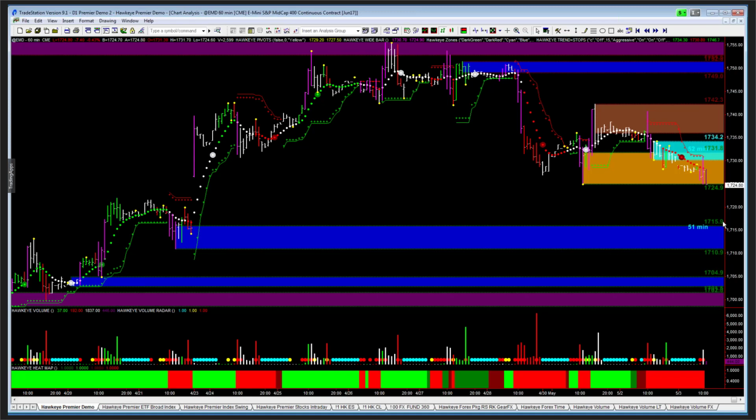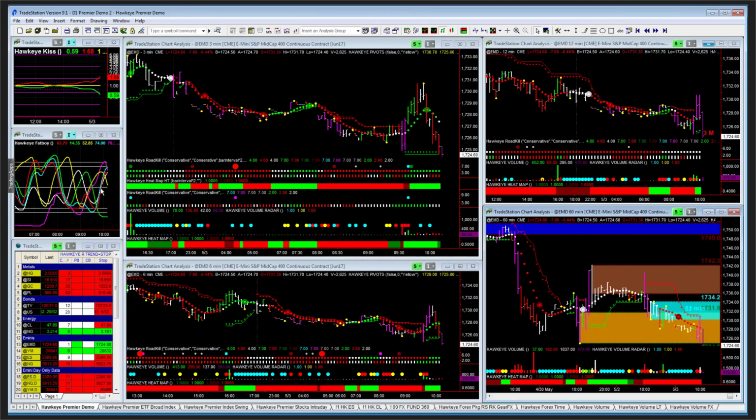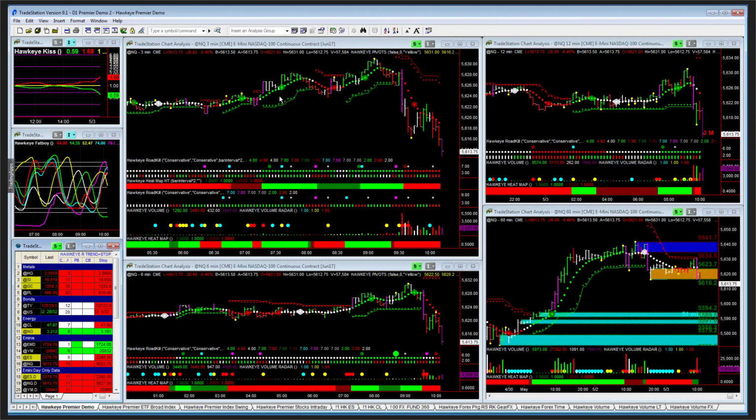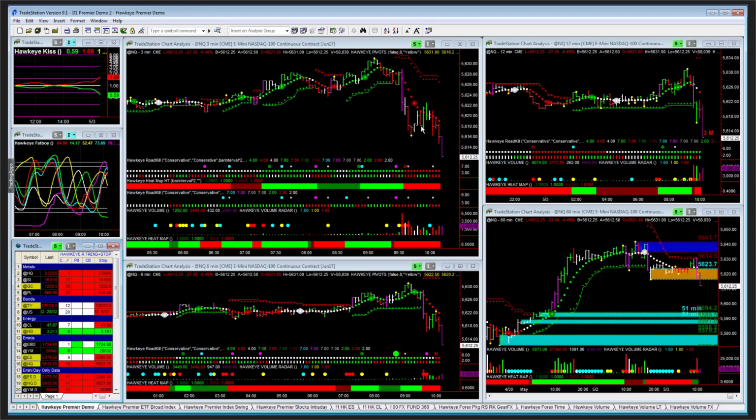Looking at the other markets, you can see that they are topping and starting to turn, but the Nasdaq is way out of sync with the other markets. The Nasdaq rallied strong this morning, but is starting to come off equally strong as well. See that? Nice big rally up and then boom, really weak.